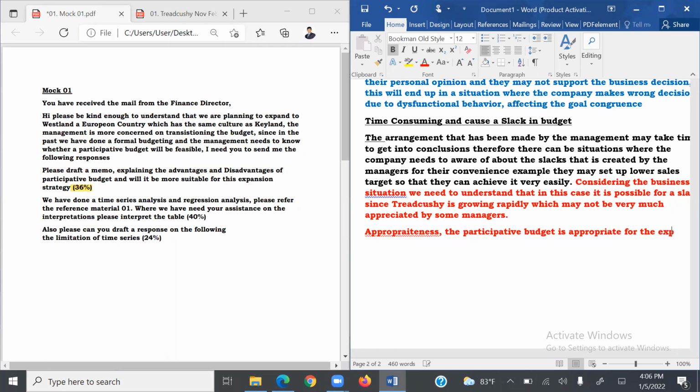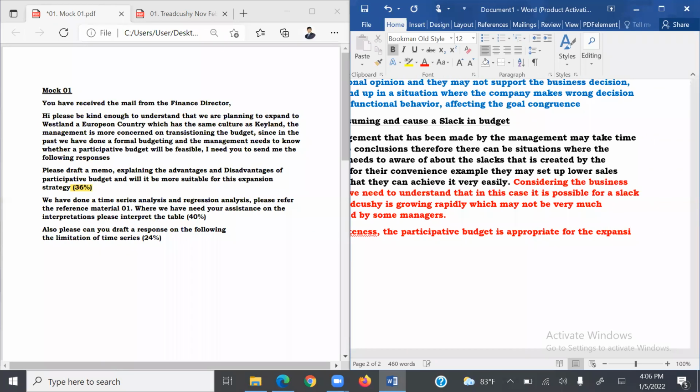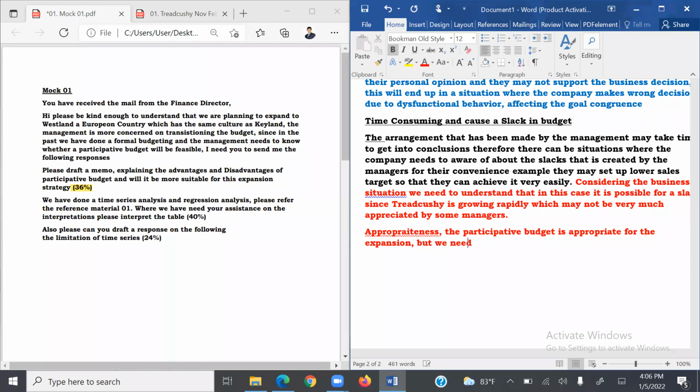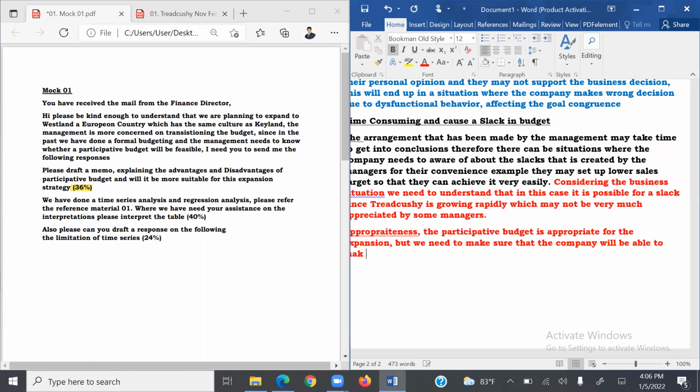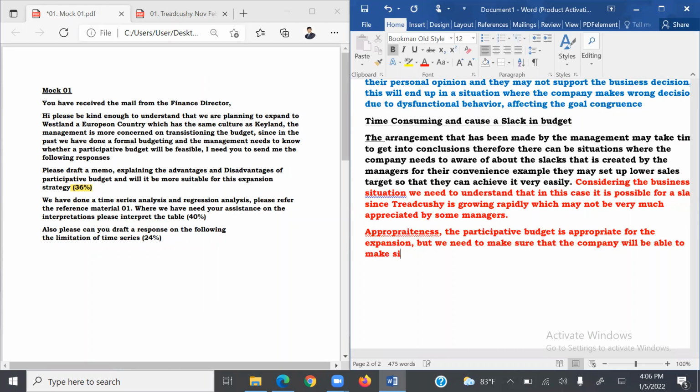Being very open, students, yes, it is appropriate for the expansion, but we need to make sure that the company will be able to make some internal audit as well, in order to proceed successfully.